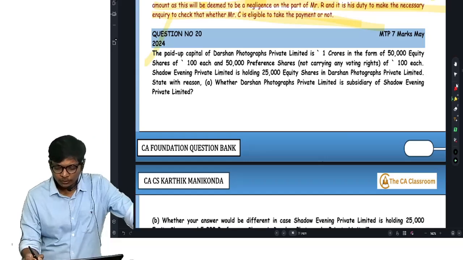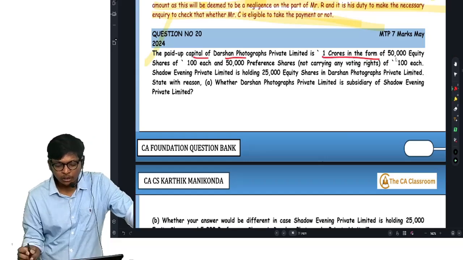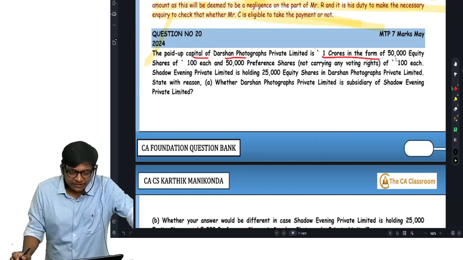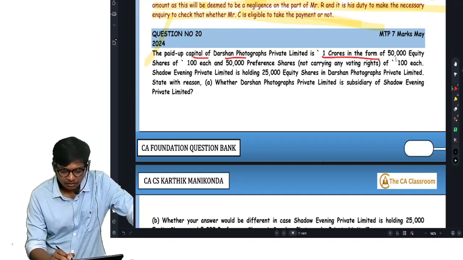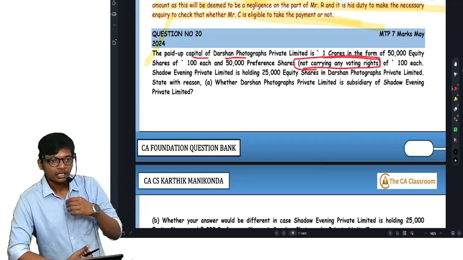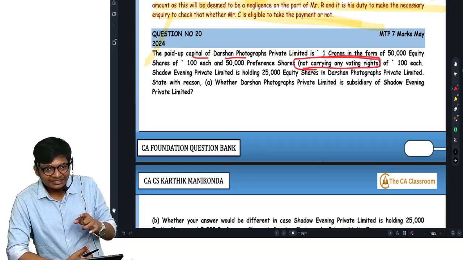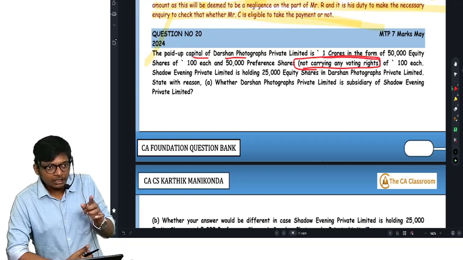Okay, question 20. The paid up capital of Darshan Photographs is 1 crore in the form of 50,000 equity shares of 100 and 50,000 preference shares not carrying any voting rights. Very important. If preference shares have voting rights, we have to consider that for all the computations of holding and associate.